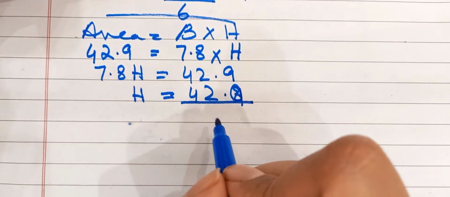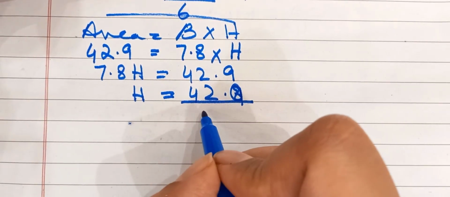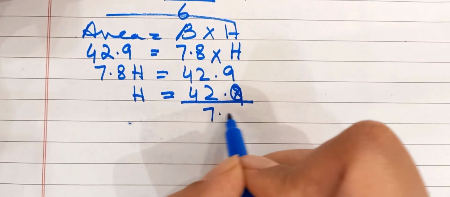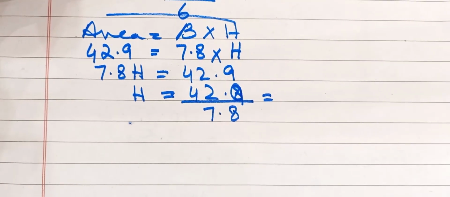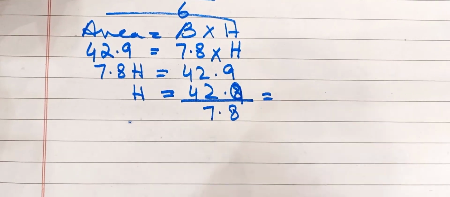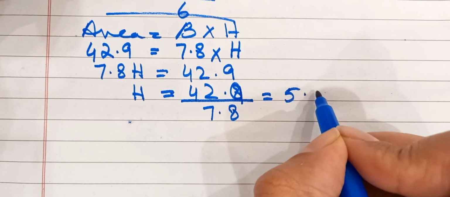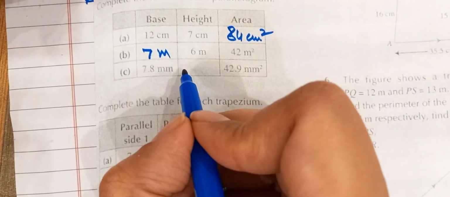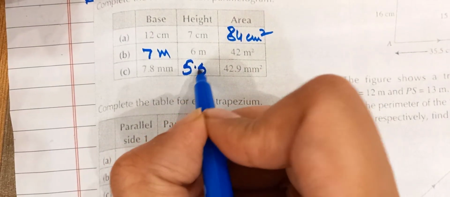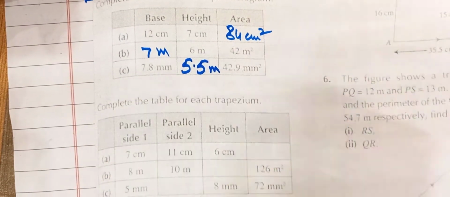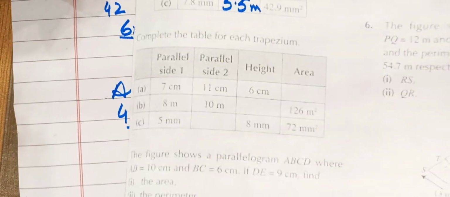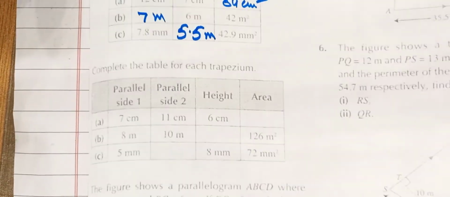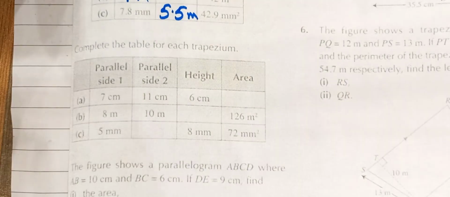I will take 7.8 to the RHS, and here it was multiplying, here it will divide, and I will get my required answer, which is 5.5 millimeter. I will fill in the measurement here. So now this question number 1 is done. Now we shall move on to question number 2.